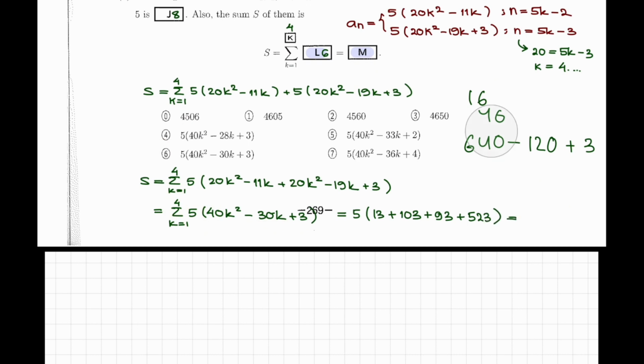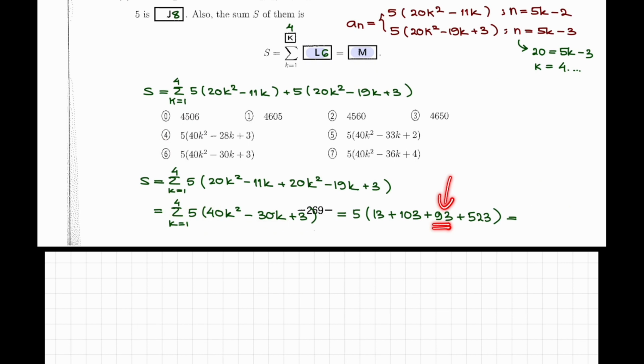If you add all of them and then multiply by 5, I think we will get the final answer. If you calculate it, then your final answer is... Oops, wait a minute, I think I miscalculated something. Let me check for a while. This one is incorrect. Instead of 93, I miscalculated this one.